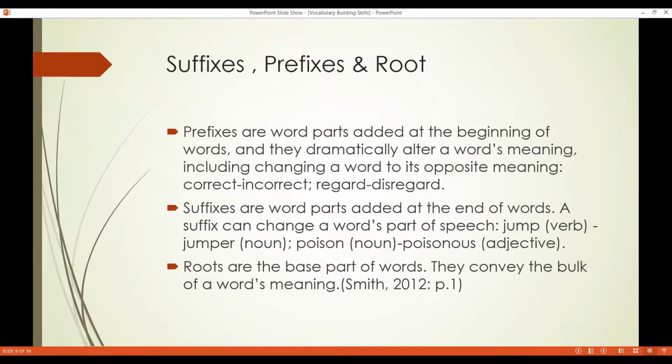Now, coming back to the suffixes, prefixes, and root words. What are the vocabulary tasks that should be structured to improve our vocabulary?